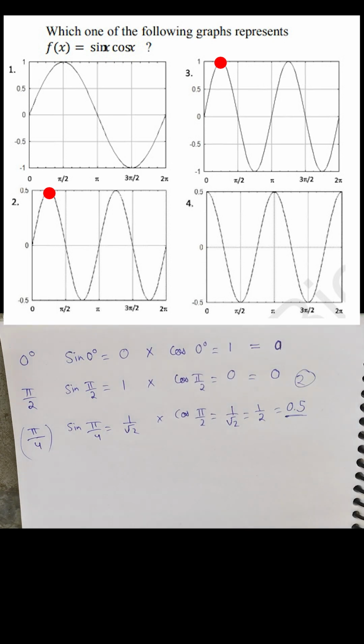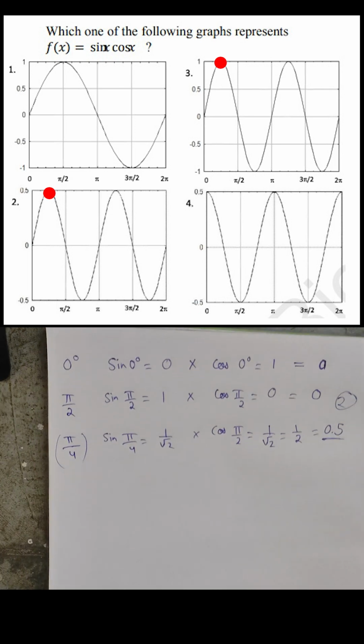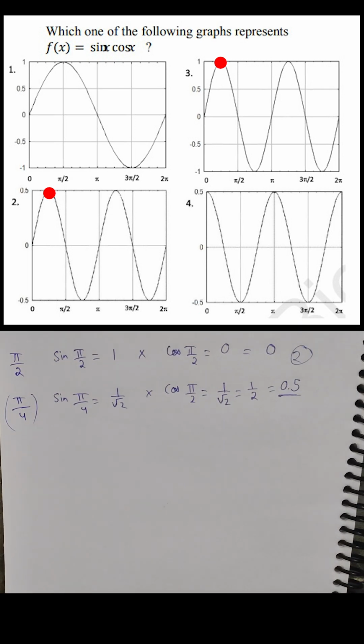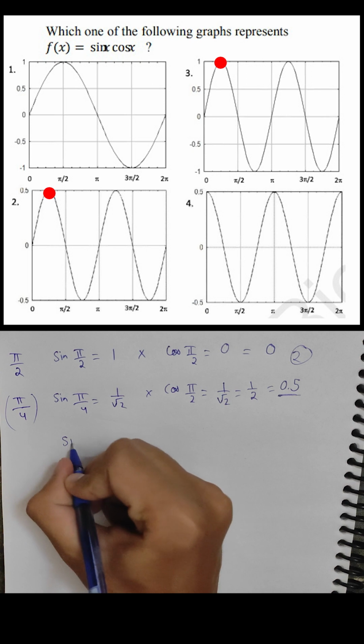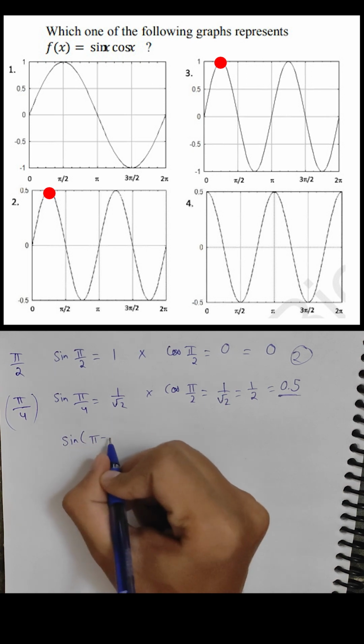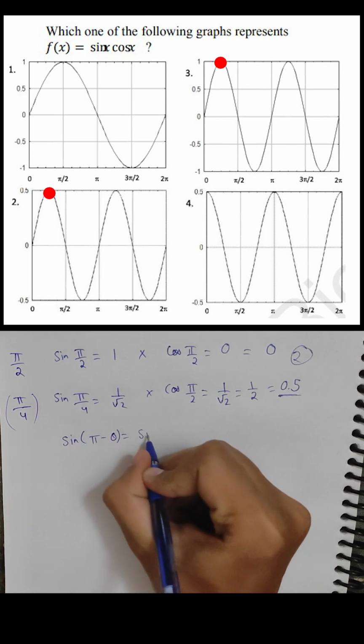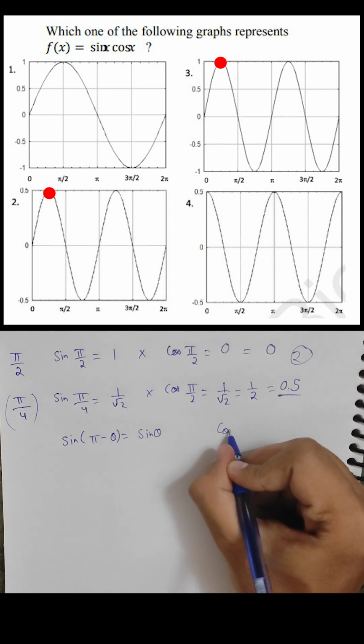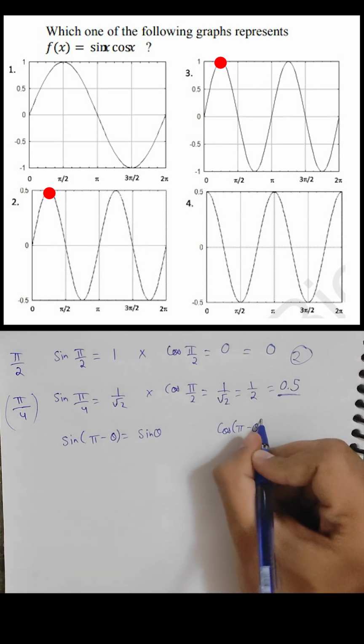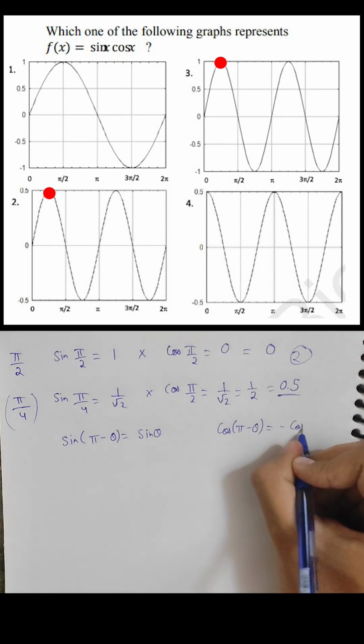To further confirm, if you want to confirm more, by using pi and 3 pi by 2, you have to know two formulas: sine of pi minus theta is equal to sine theta, and cos of pi minus theta is equal to minus cos theta.